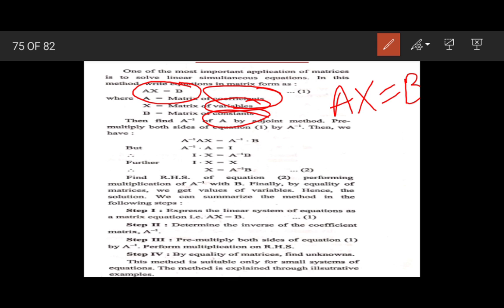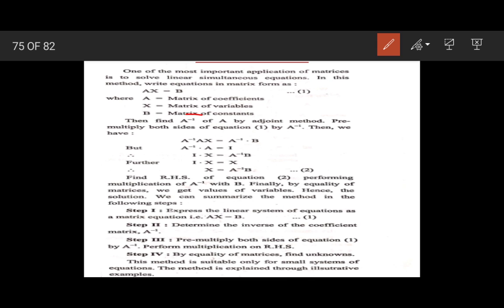After writing the equation in matrix form, next is finding A inverse. Why do we need to find A inverse? Because lastly we can have X, that means the matrix of variable, equal to nothing but A inverse into B.